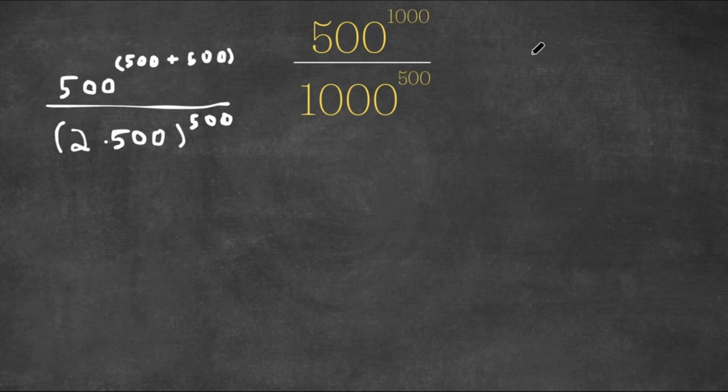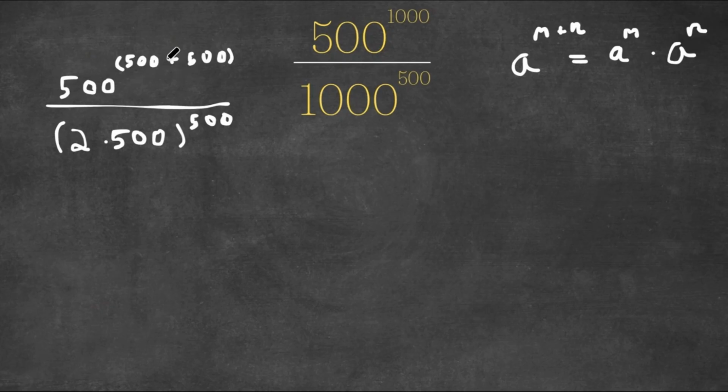Now, if we have something in the form a to the power of m plus n, this can also be written as a to the power of m times a to the power of n.